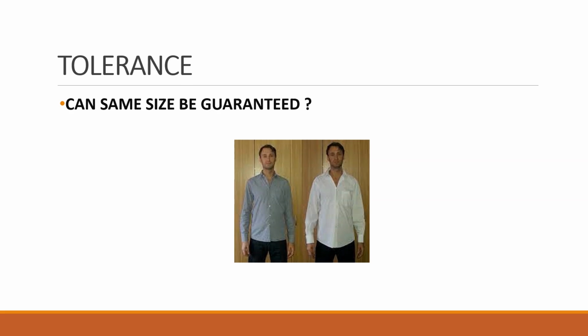No, it is not possible, because some variations will be there in the production processes. Different processing stages are involved in producing the garment, and due to that some tolerances will be created and a little deviation will be there. So the same size, though the production process is the same, cannot be guaranteed.